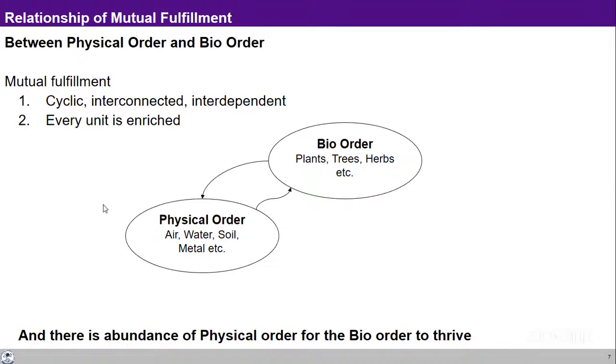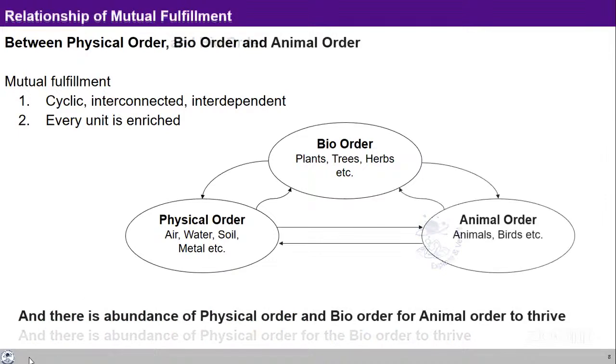And what is the case with the animal order? Animal order means the group of animals and birds; they all come under the animal order. There also we can see this mutual enrichment. Animals and birds depend on the plants, trees and herbs for their food. And the animal droppings and bird droppings fall down to the soil and enrich the soil.